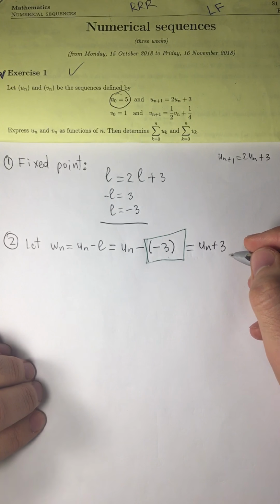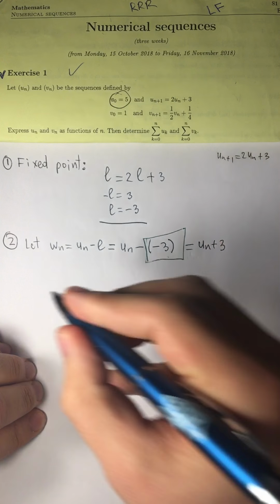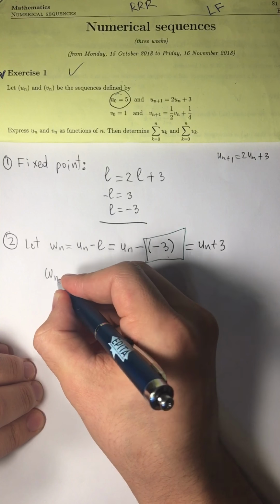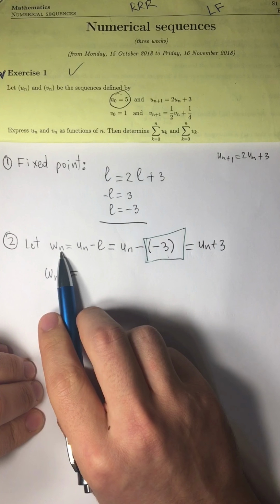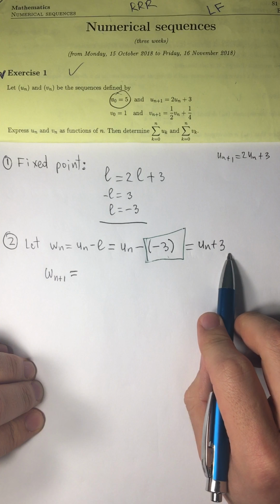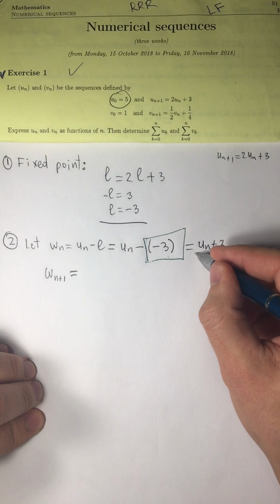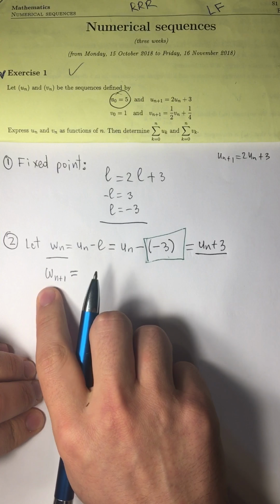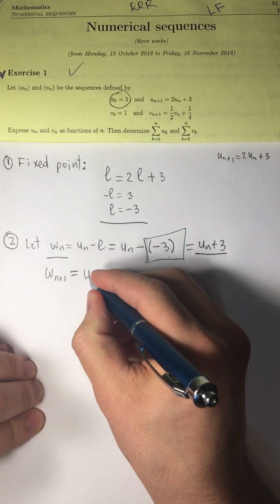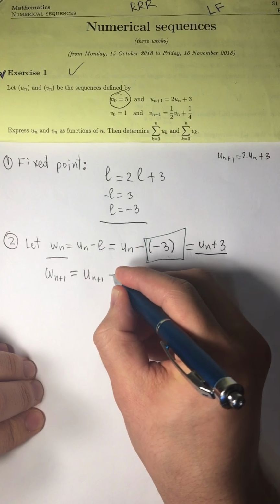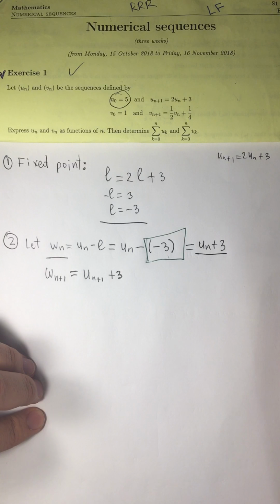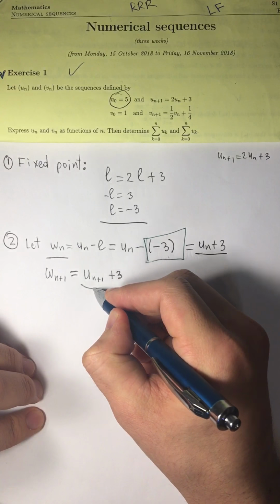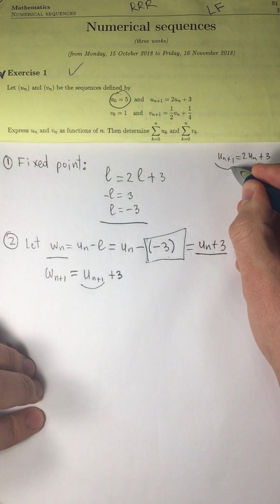Okay, the next step is, let's calculate wn plus 1. We have wn is equal to un plus 3, and based on this, wn plus 1 is equal to, yes, you got it right, un plus 1 plus 3. And this is not where we stop. We can continue. How? Because we have un plus 1, it's given right here.